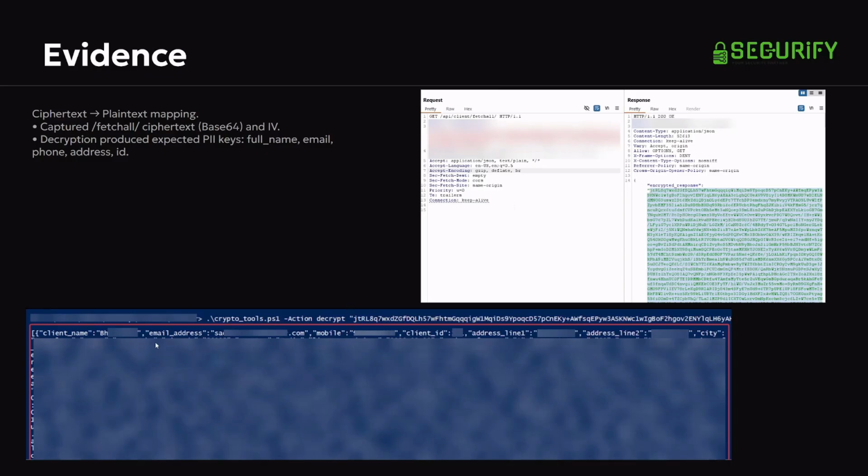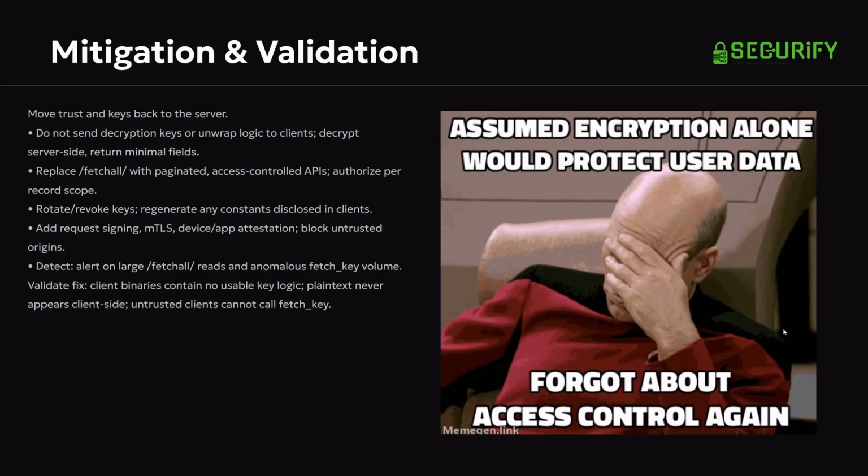Once we decoded it, we were able to get the API information of all the clients that have been presented. So this was a vulnerability that was reported based on the PII it was leaking. But how we were able to misuse the encryption is very interesting, and you could do the same when the same or a similar situation arises.